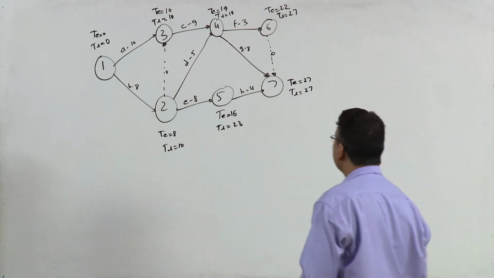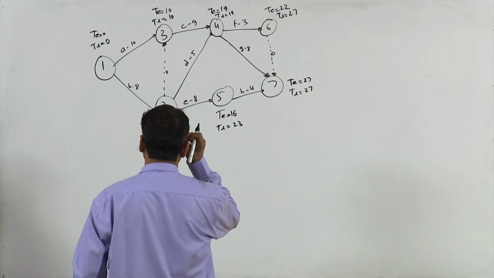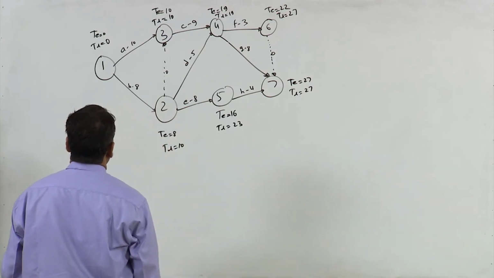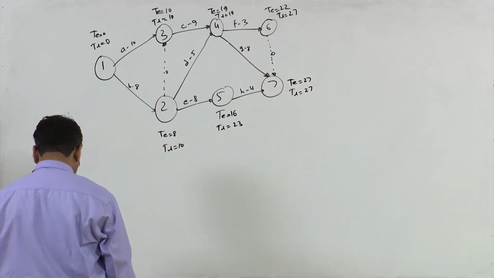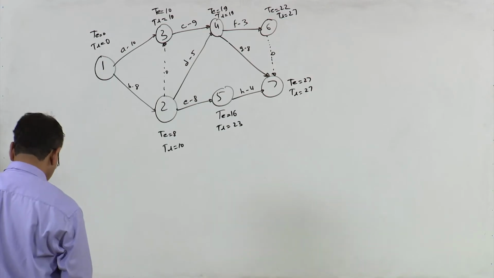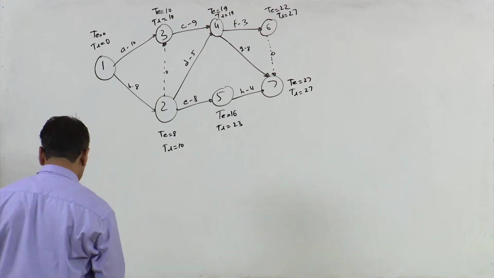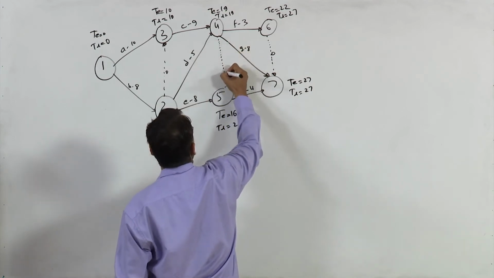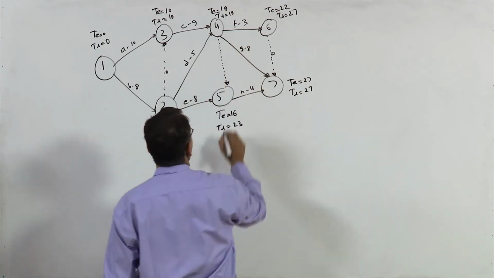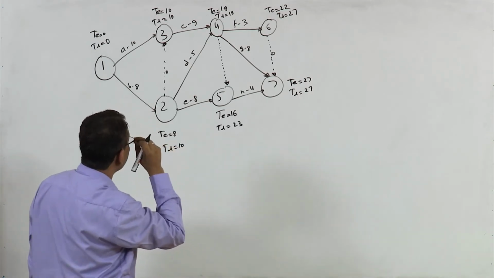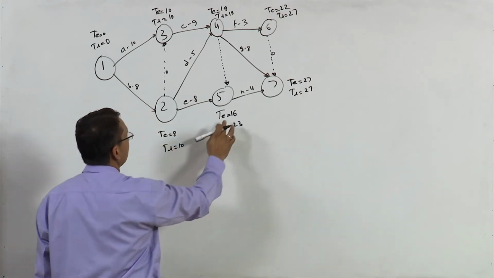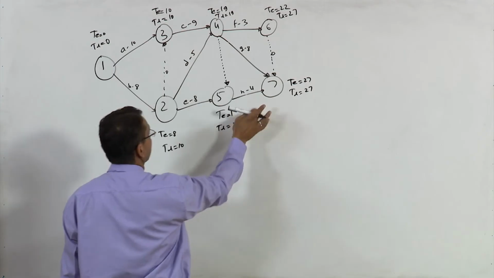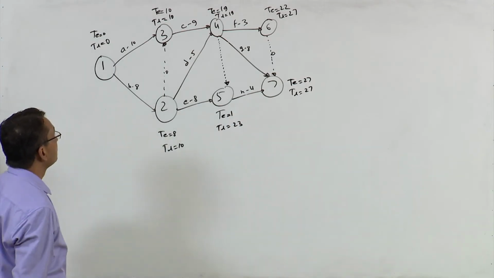Okay, let us recalculate TE at this point. So this is 8, and in fact there is one more dummy activity, 4 to 5. So when you have got this dummy activity, the TE value will change over here, right?